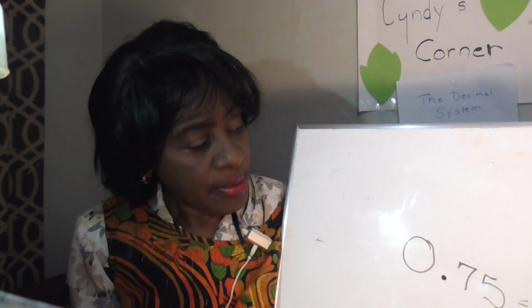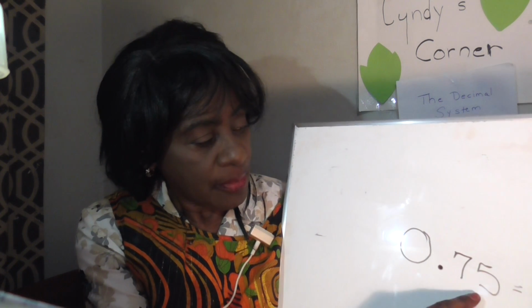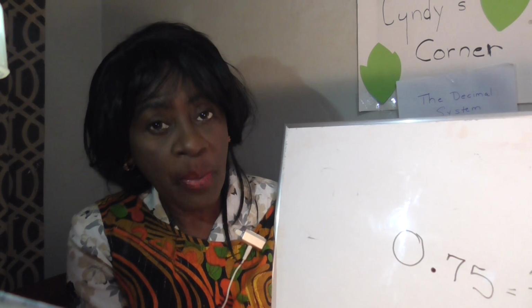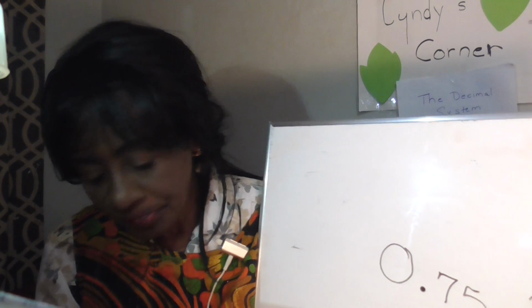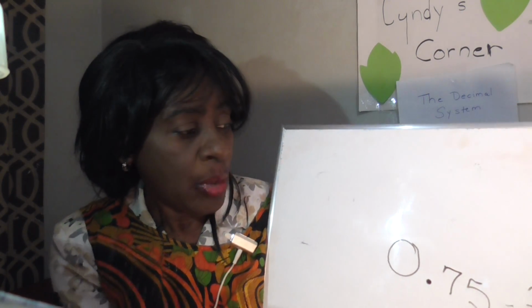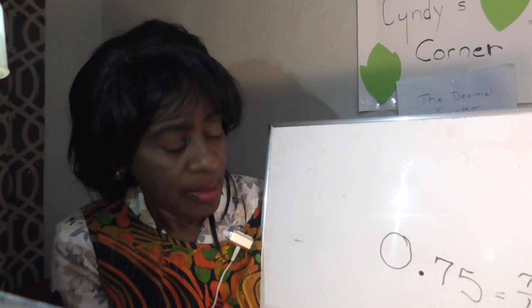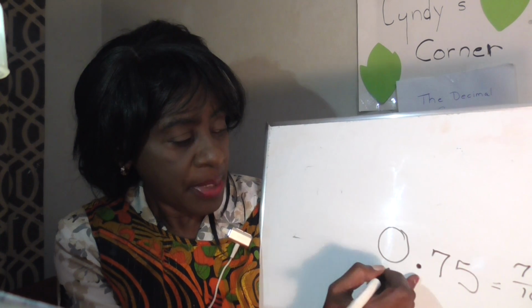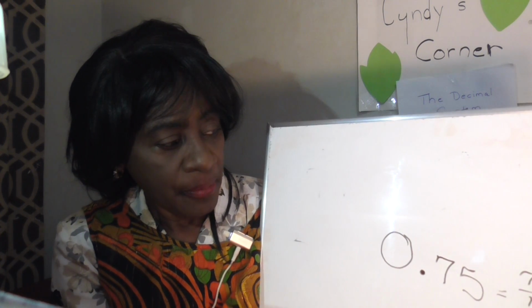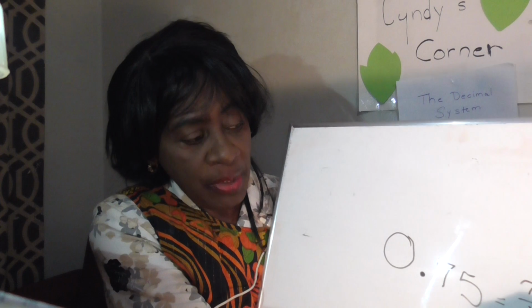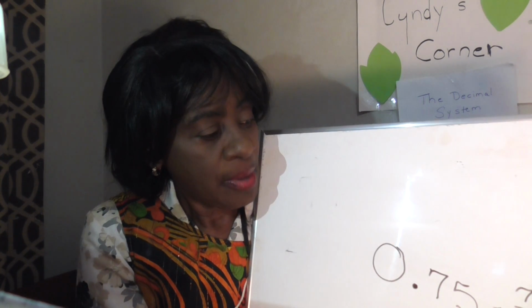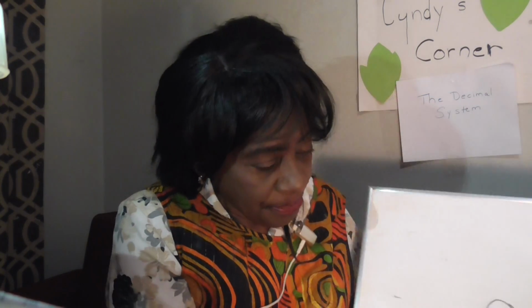Because the value in the decimal form is usually with numbers that have the power of 10. 100 has the power of 10. We're using the whole number, the decimal, and 75, which can be reduced to 3/4. This is 3/4 of a whole number.